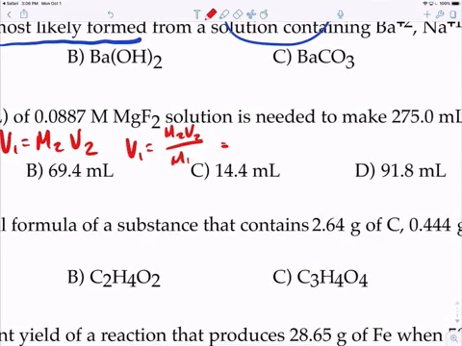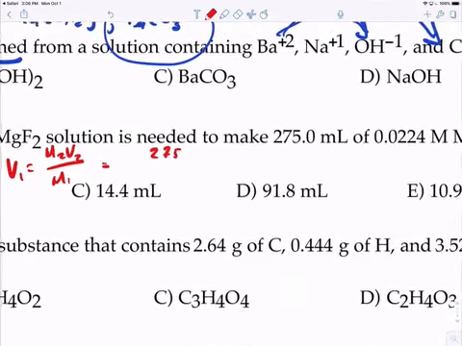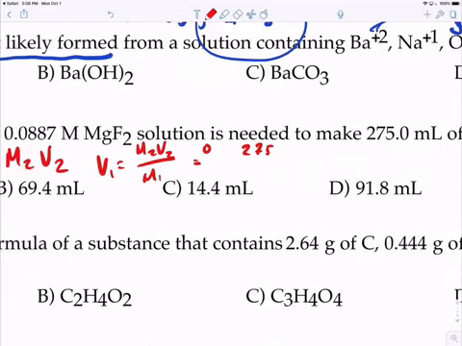M2, so 750 times 0.0224. Too many zeros.